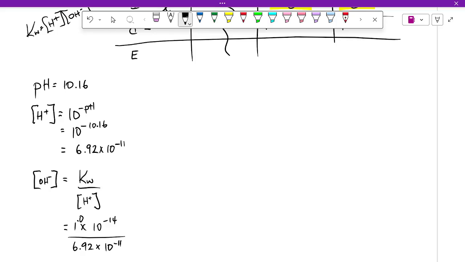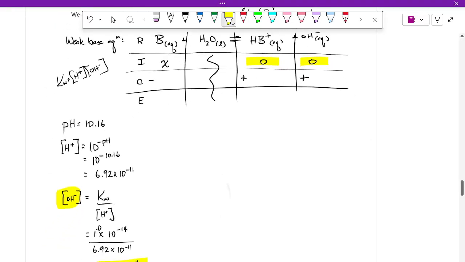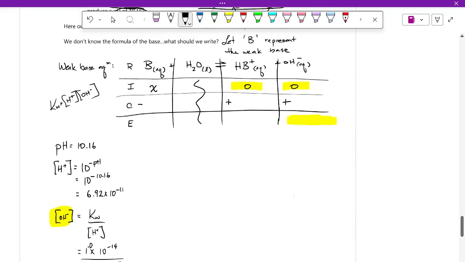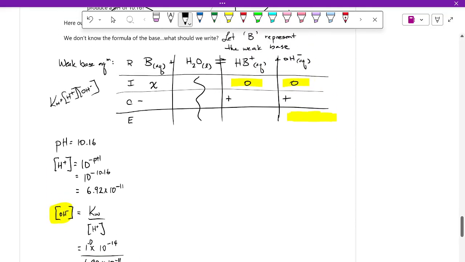And we get 1.445 times 10 to the negative 4. That is our hydroxide ion concentration, and that's going to go right up here. So that's going to be 1.4 times 10 to the negative 4.